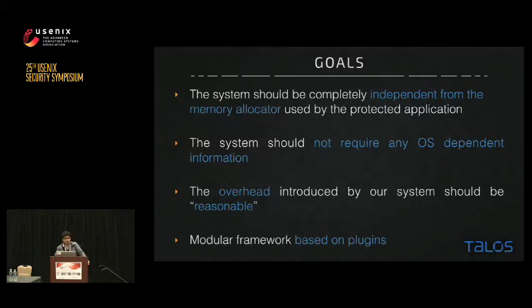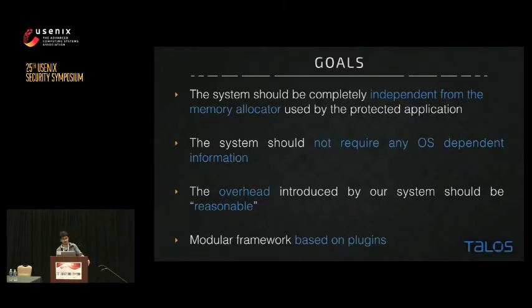So we tried to list some important goals for such a system. The first goal should be to have a system that is completely independent from the memory allocator. In this way, we can plug our system into any kind of application, ranging from a browser to a PDF viewer.